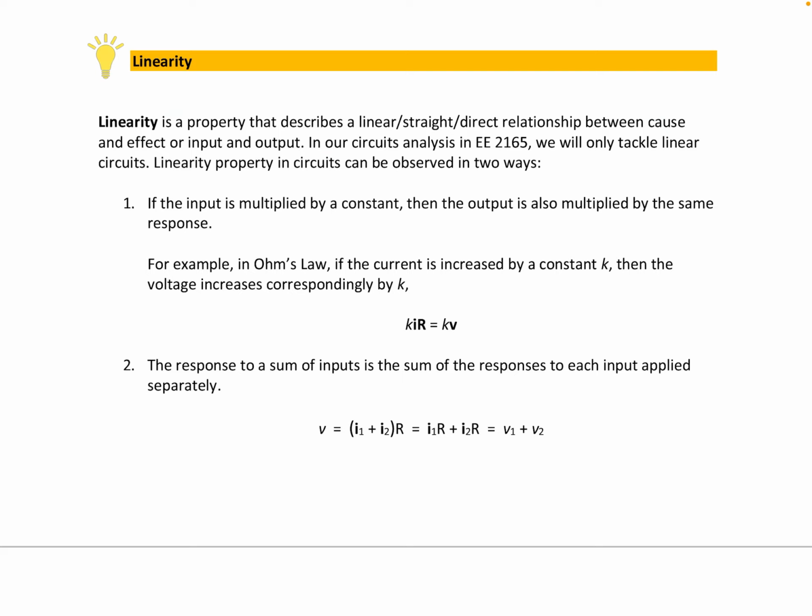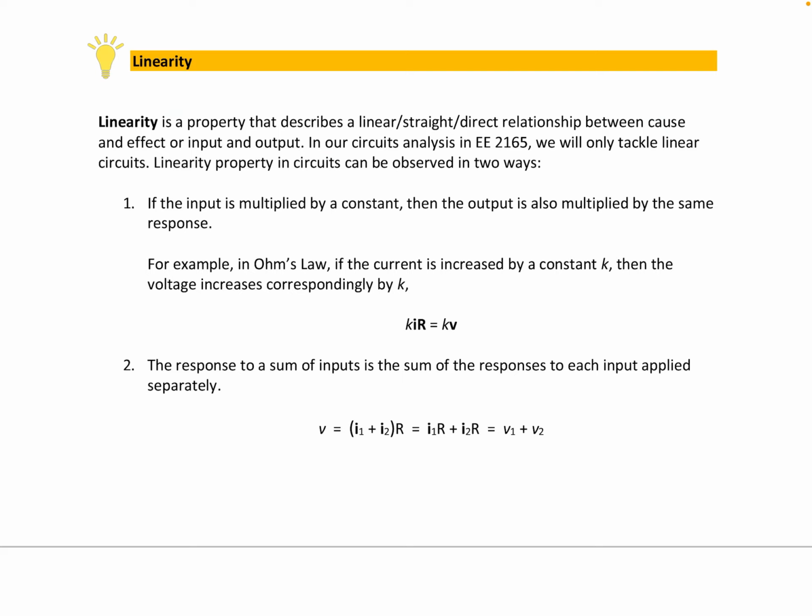The linearity property in circuits can be observed in 2 ways. Number 1, if the input is multiplied by a constant, then the output is also multiplied by the same constant. So if we increase the input by a certain factor, the output will also increase by the same factor.